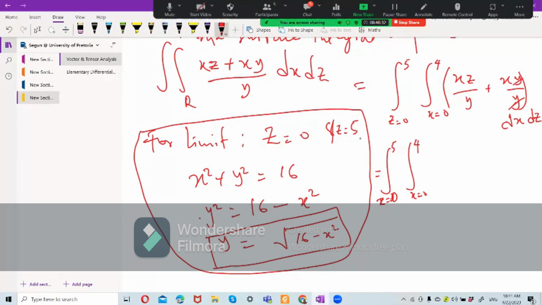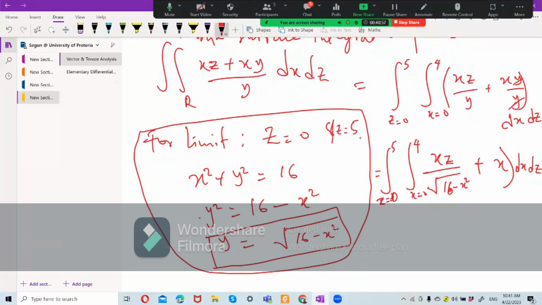So I have xz over the square root of 16 minus x squared, plus x, dx dz. So I can go ahead and integrate them one after the other.